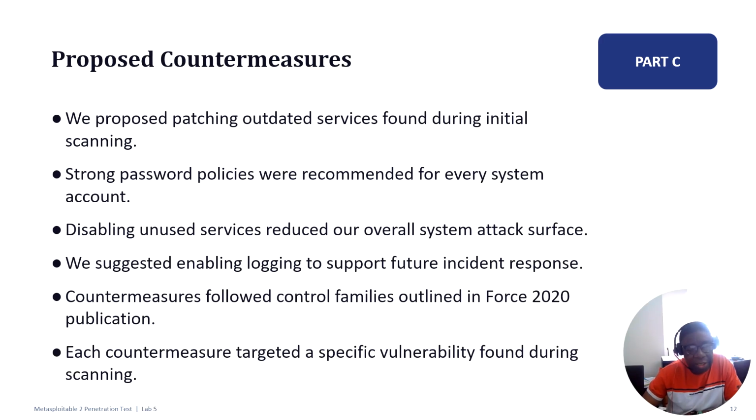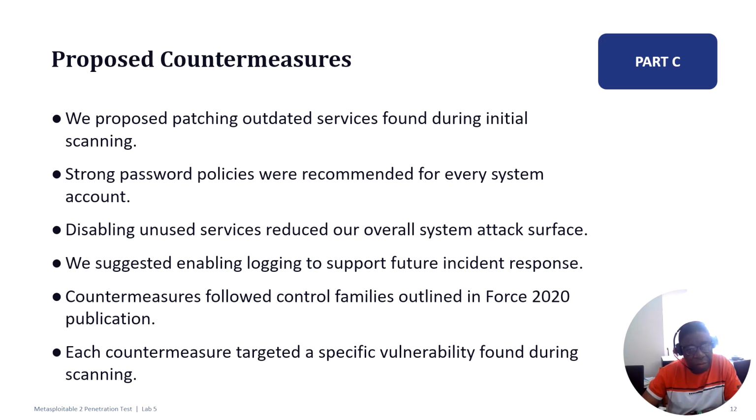Based on that gap analysis, I proposed a set of specific countermeasures. First, patching the outdated services that the scanner had flagged. Second, putting stronger password policies in place for every account on the system.